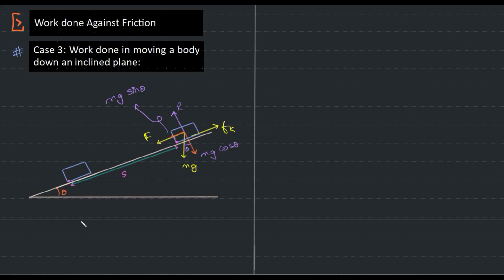So all the initial things, consider an object of mass m, therefore its weight is equal to mg, is something that we write, and then we have to talk about the incline, then we'll talk about force applied. This is important.